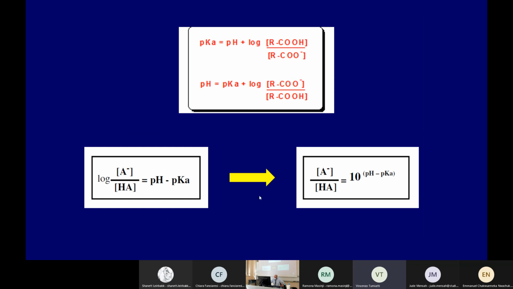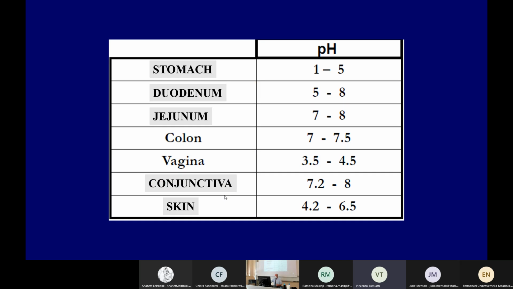Once again, we can know the fraction of the two forms starting from the pH and from the pKa of your drug.